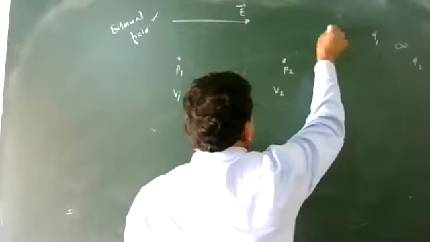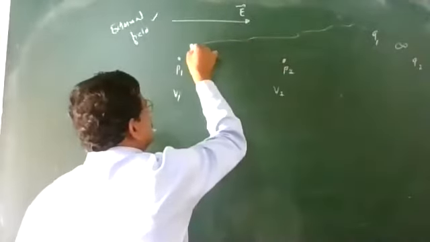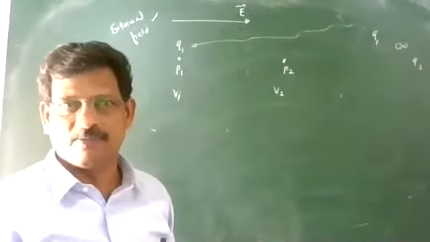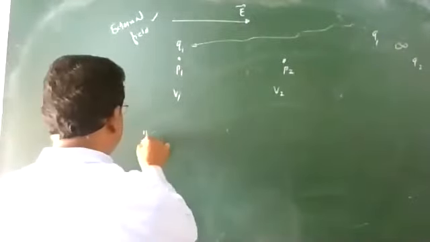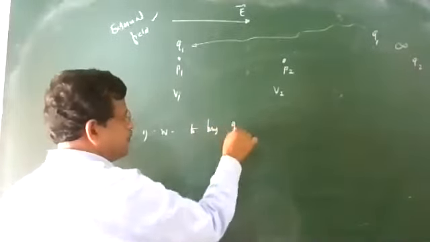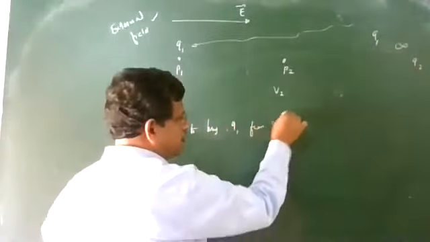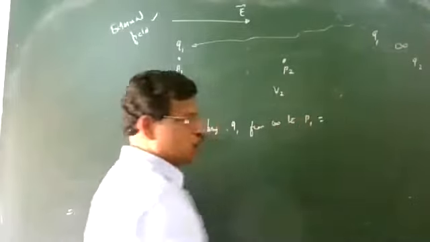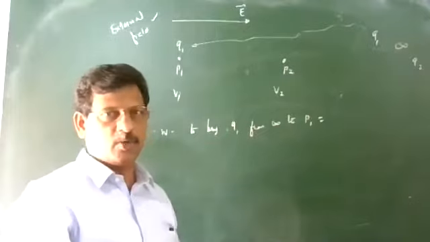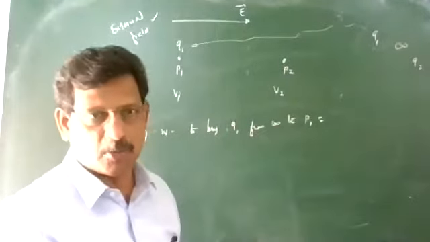So what is the amount of work done to bring the charge Q1 from infinity to the point P1? So point number 1, we write work done to bring Q1 from infinity to the point P1. So what is the potential there, into the charge? If there is no potential, work done will be 0, but now the potential is there.